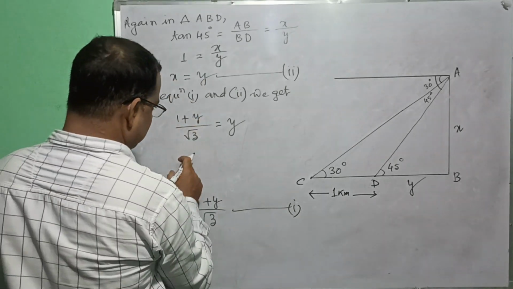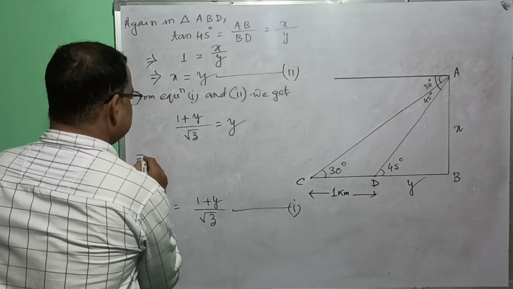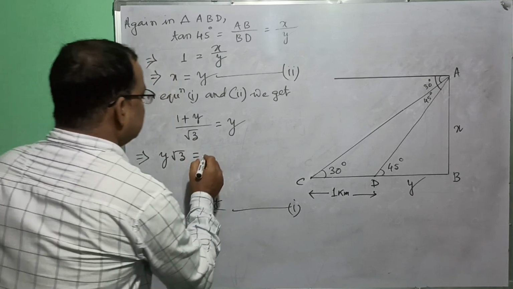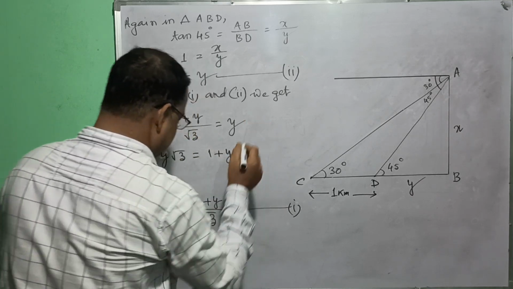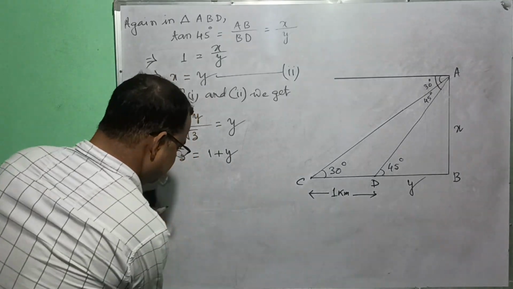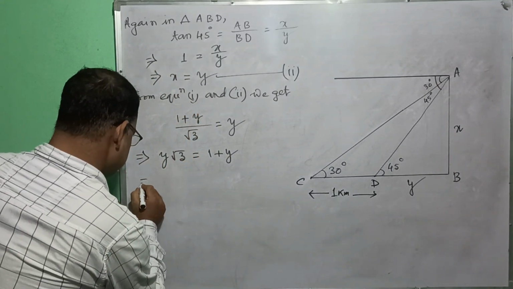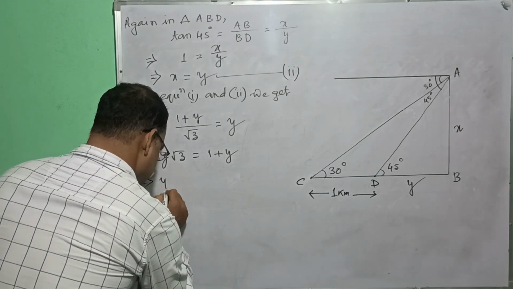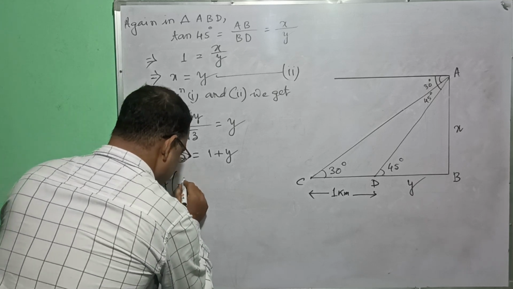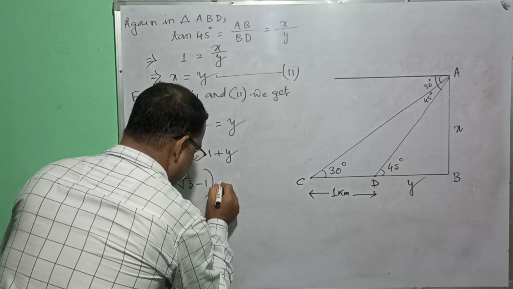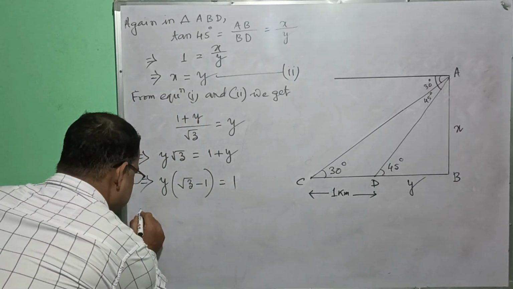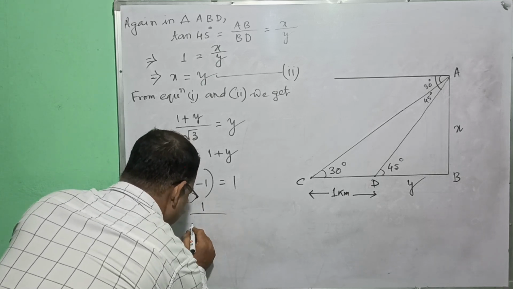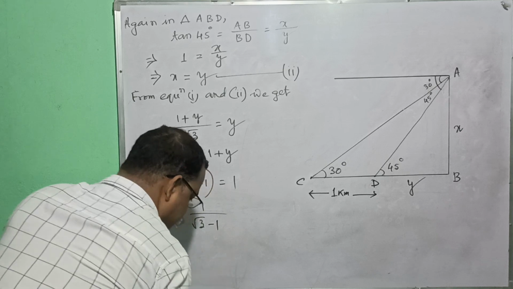This implies Y root 3 equal to 1 plus Y. Taking Y common on the left hand side, Y times root 3 minus 1 equal to 1. This implies Y equal to 1 by root 3 minus 1.